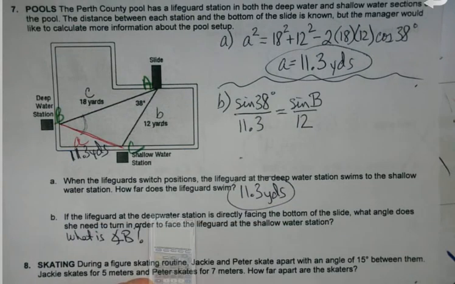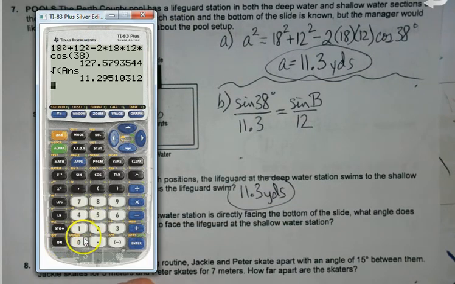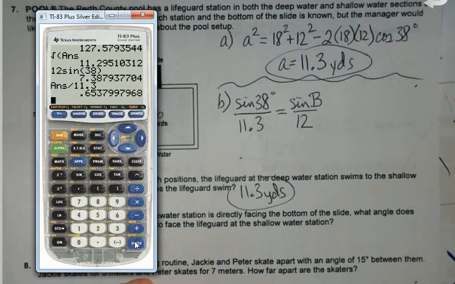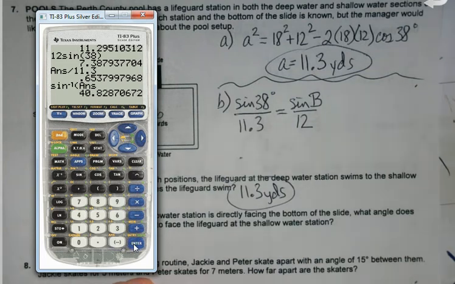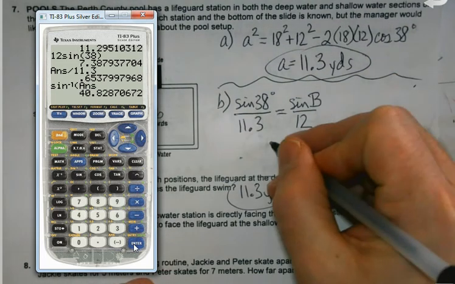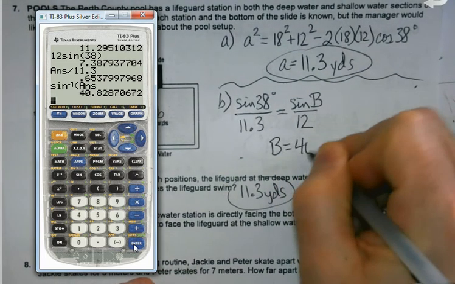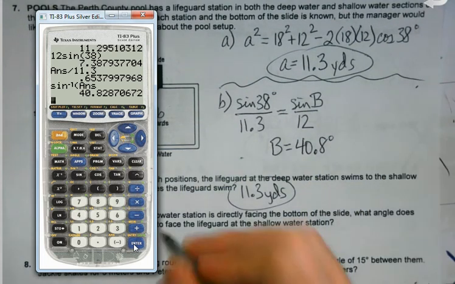So, just like we've done before, multiply my diagonal without the B in it, divide by that number we're multiplying sine of B by, and again, since I'm looking for an angle, the inverse of the sine makes this look like we're looking at about a 40.8 degree angle.